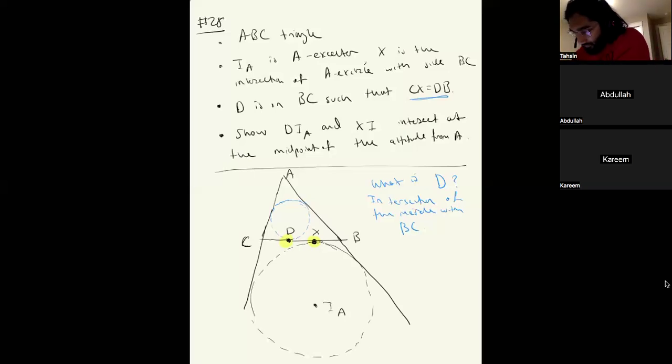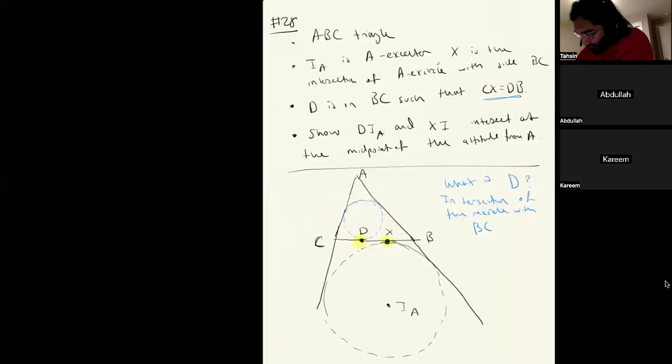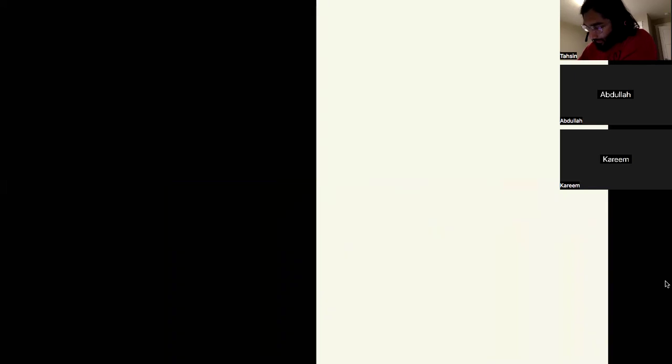So maybe let's prove this fact. So what is the claim? This is an important thing to know, this is an important lemma.